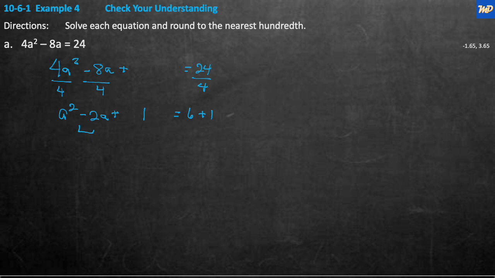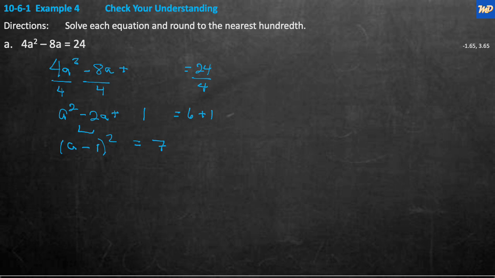Now that I've done that, I can rewrite this as the quantity a minus 1 squared, and that equals 7. Now it's time to take the square root of both sides.